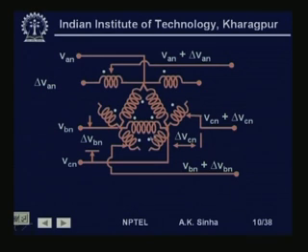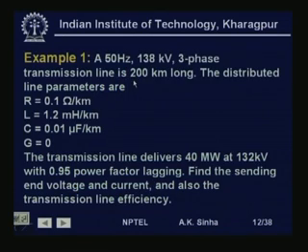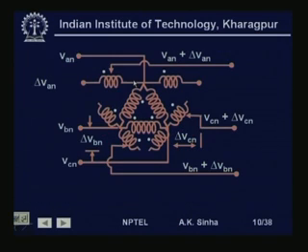In this way, phase A voltage will be like this, phase B voltage will be like this, and phase C voltage will be like this. And therefore, we are adding or subtracting any voltage which is in quadrature with phase A, on this side or on this side.